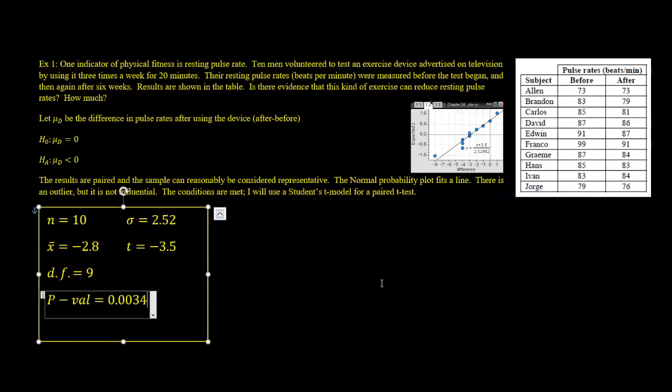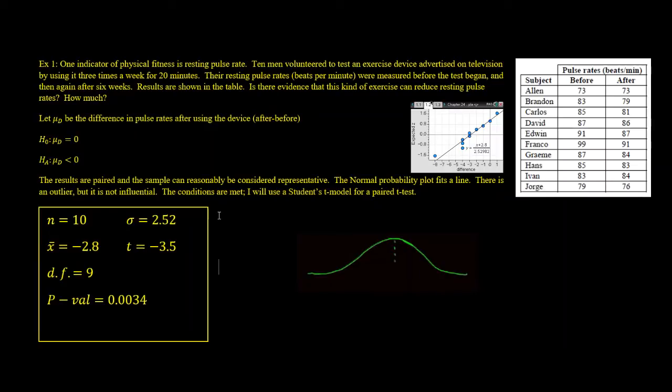Let's check the graph of the normal model real quick. So I have a mean of 0. My t value is negative 3.5, so I'm going to shade to the left as it's a one-tailed test.